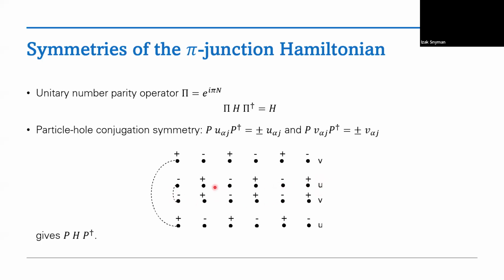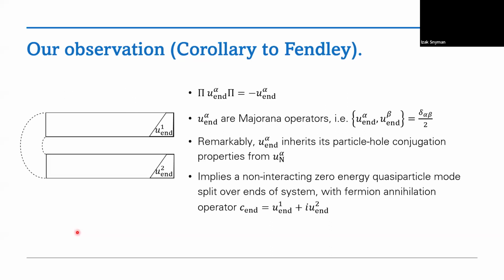And the same for the central beads, it's kind of staggered. So on the same side, the signs transform. And this is symmetric: the operation leaves the Hamiltonian invariant.